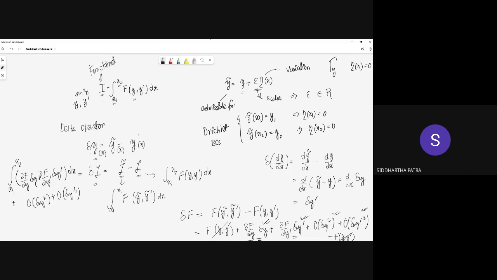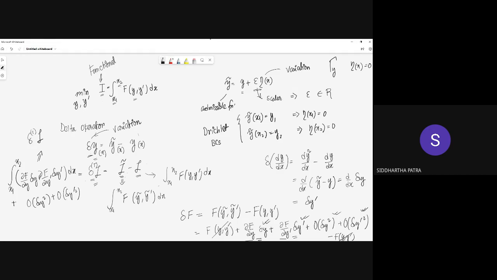And from, so this delta is called the variation. So this is the variation operation going on each of the variables. So this is y, this is the variation of y, and this quantity right here is the total variation of the definite integral, of which this term right here you would refer to as the first variation of your definite integral.